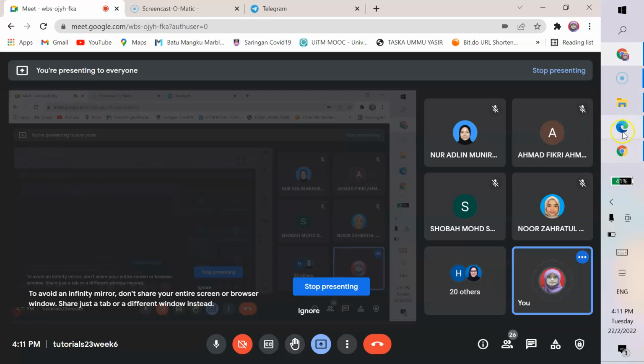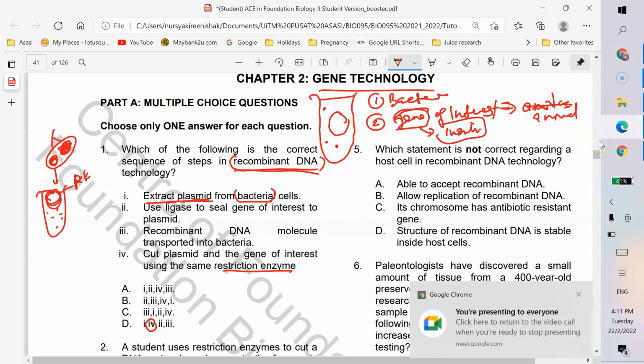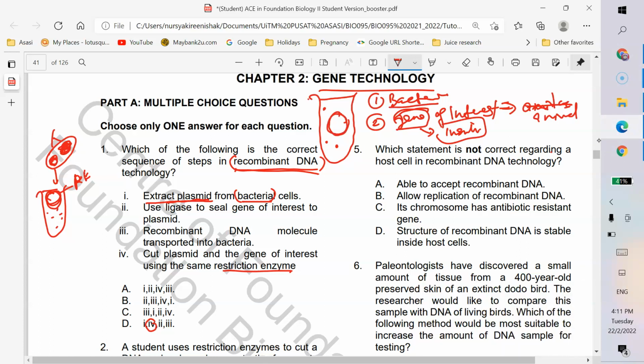Alright, thank you. Okay, so this is what I've drawn. So plasmid daripada bacteria, you extract out, put the plasmid inside the test tube, and then you mix with restriction enzyme, and then the gene of interest that you cut using the same restriction enzyme that you extracted from an animal cell.